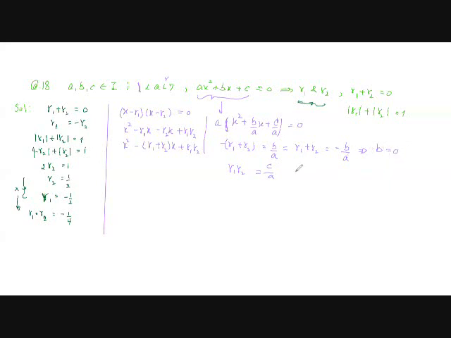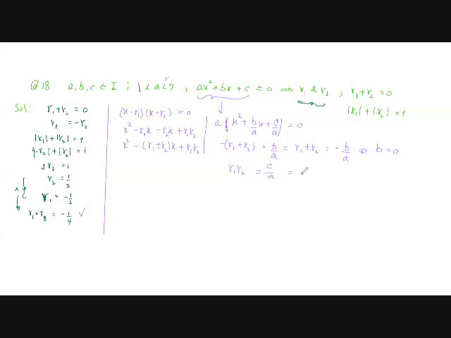Once we know B equals 0, come back to this one: R1 times R2 equals C over A. So R1 times R2 equals what? Negative 1 over 4. So now we can consider which numbers for C and A. A has to be a positive number between 1 and 7, right?